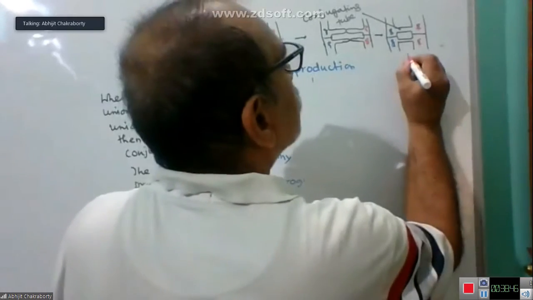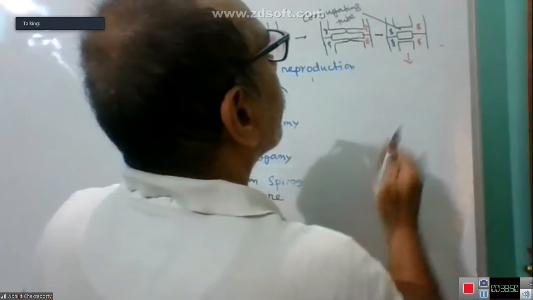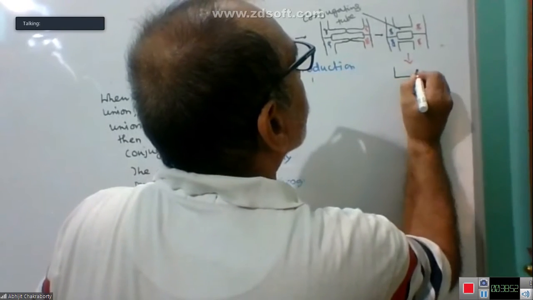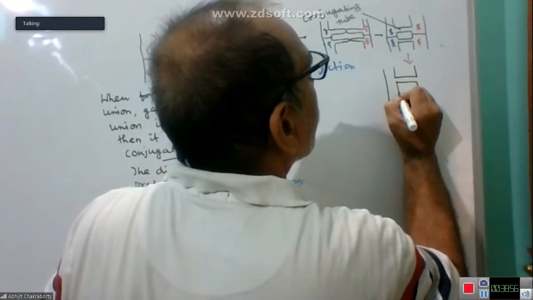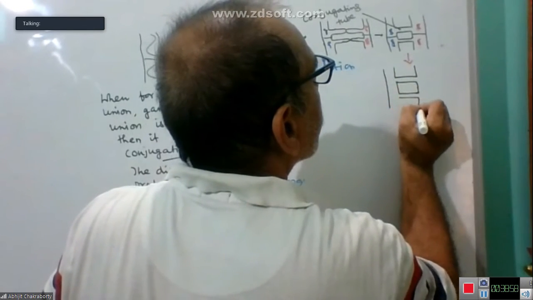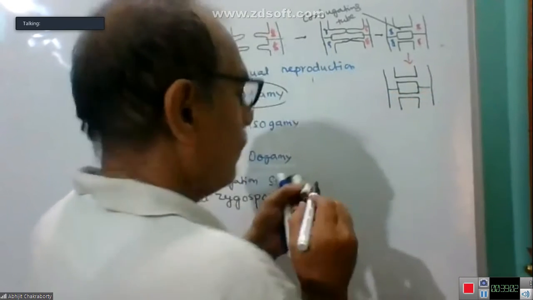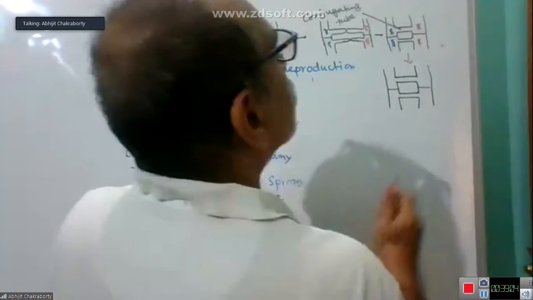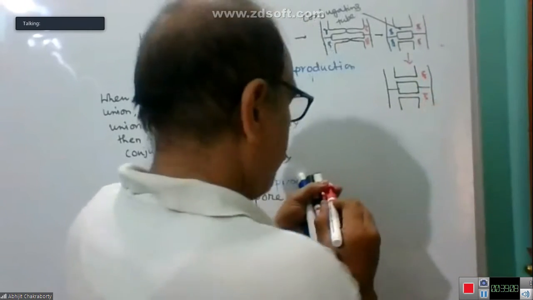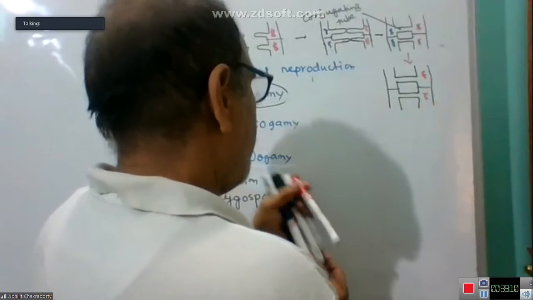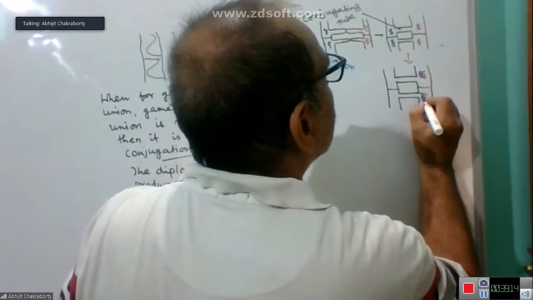So, although morphologically it is isogamy, physiologically it is called anisogamy. What happens next? Here you will get the gametic union.